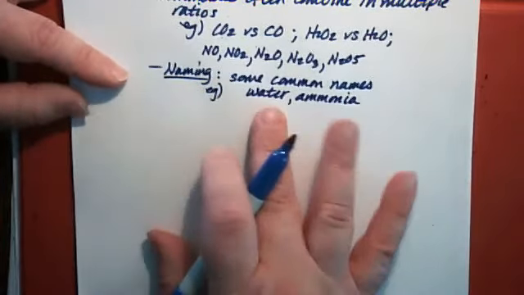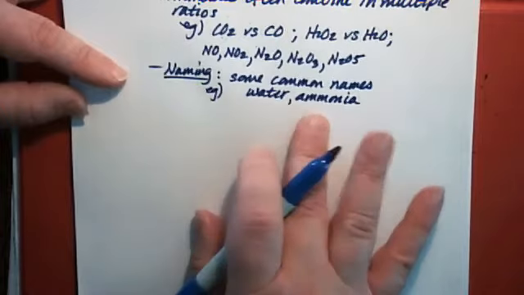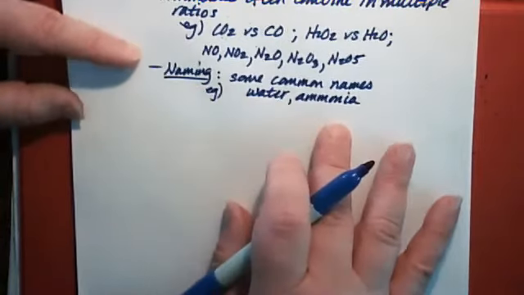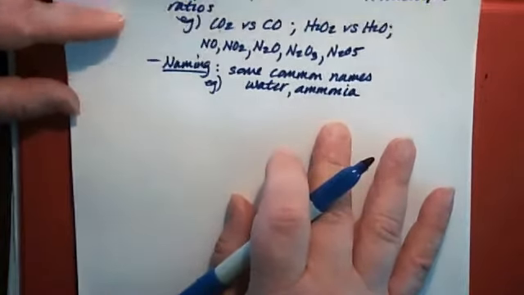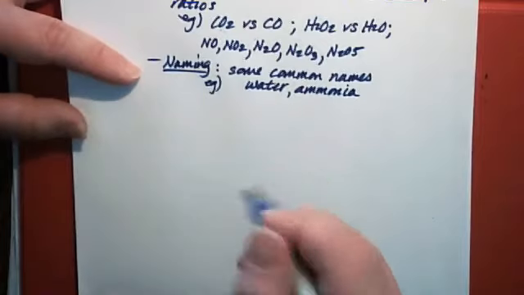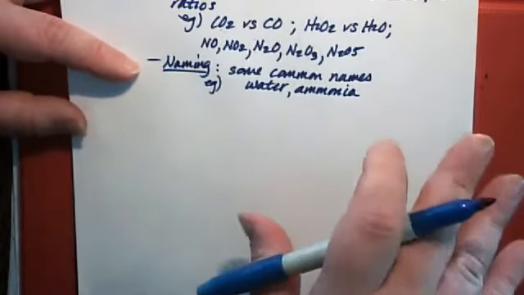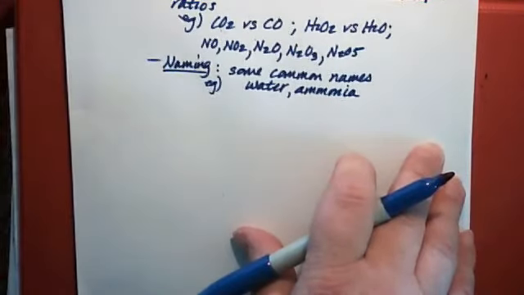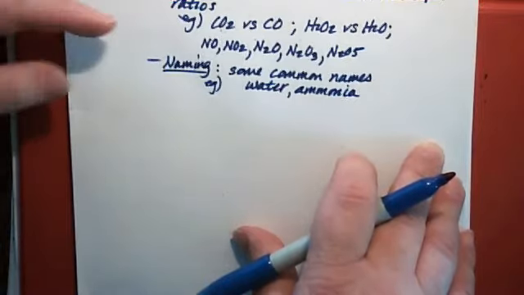But actually, even those compounds have formal names. They can be named according to the rules that we're going to see also. But there are actually too many to rely on common names for all of the known molecular compounds. There are literally tens of millions of molecular compounds known.